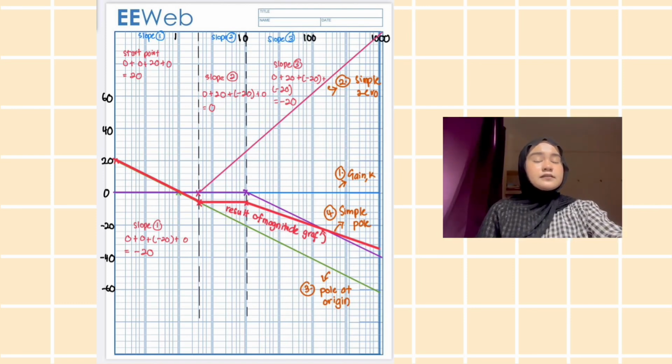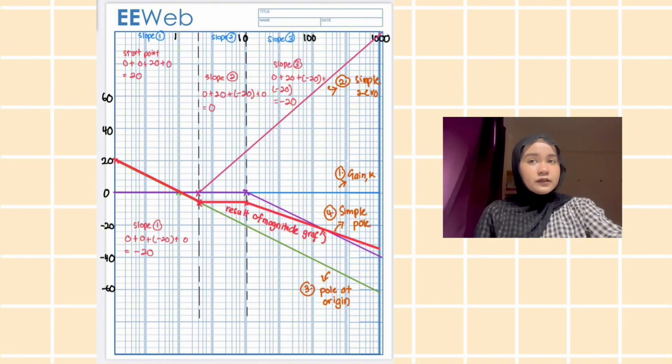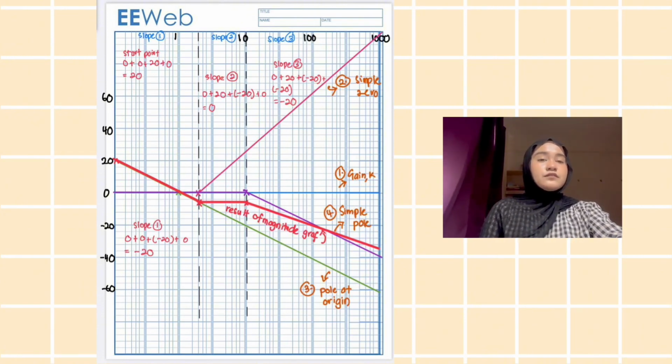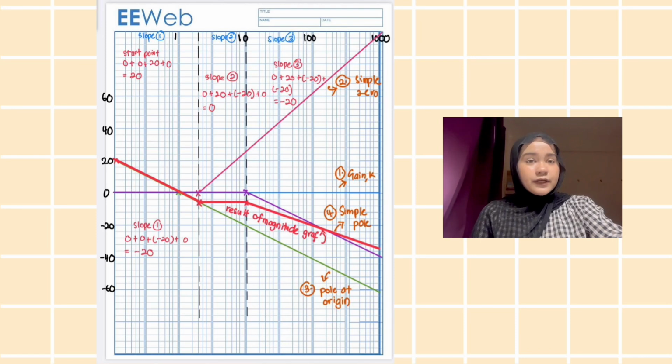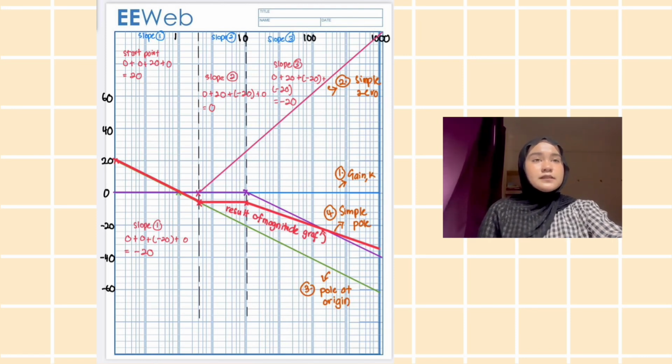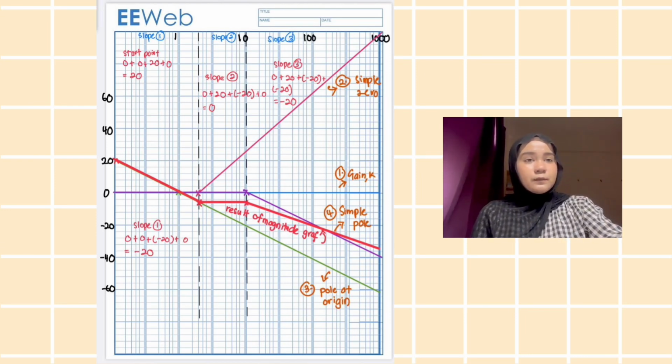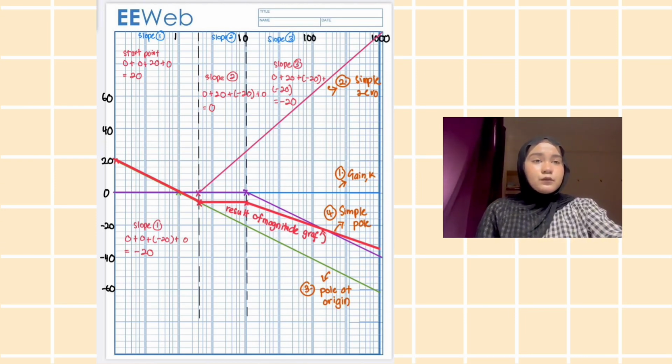We find the resulting magnitude graph. The first is the start point, which is 0 plus 0 plus 20 plus 0 equal to 20. The first slope is 0 plus 0 plus negative 20 plus 0, the answer is negative 20. The second slope is 0 plus 20 plus negative 20 plus 0, the answer is 0.